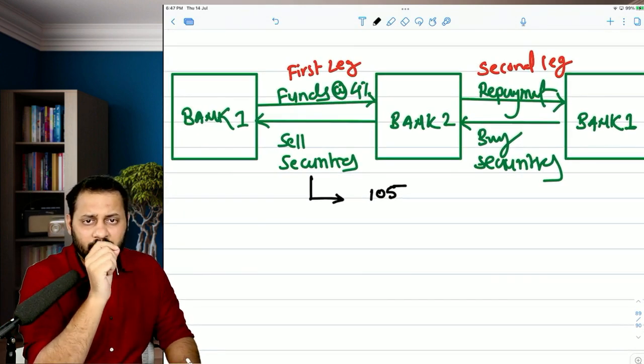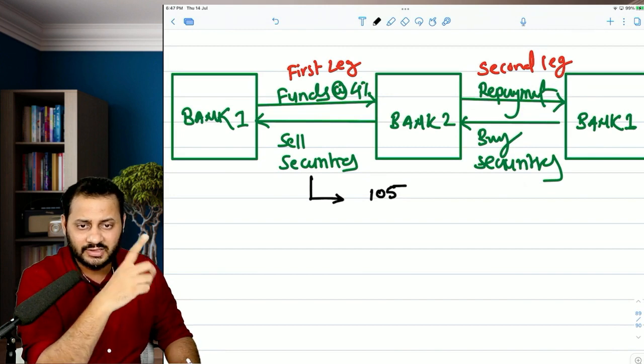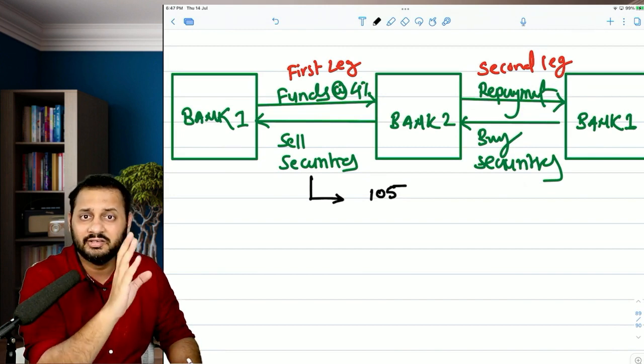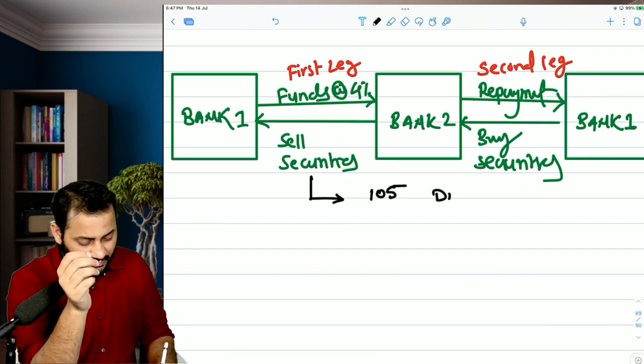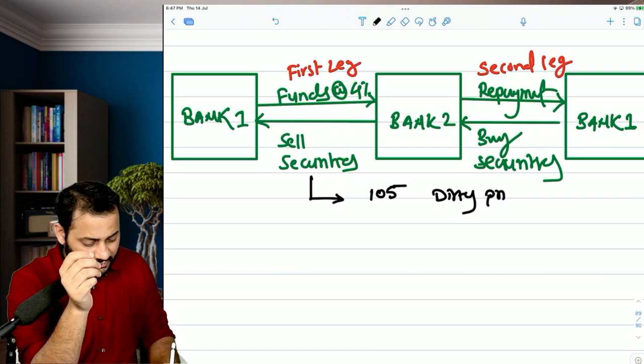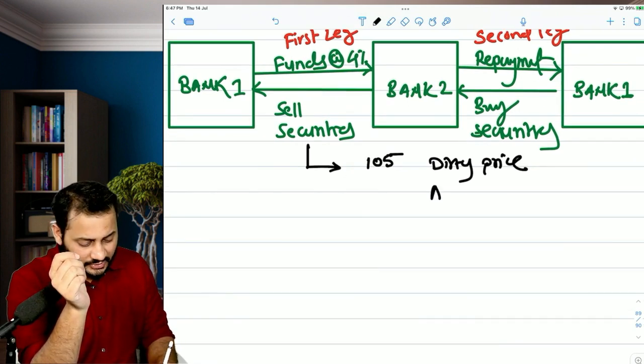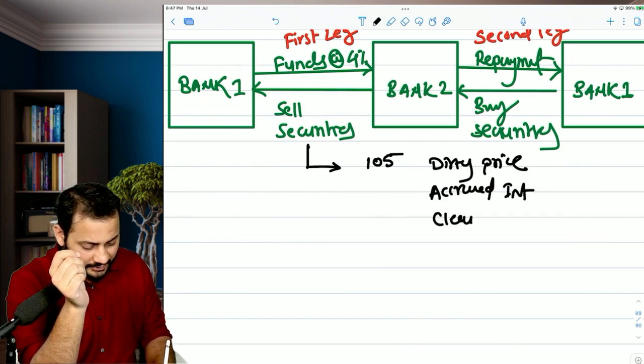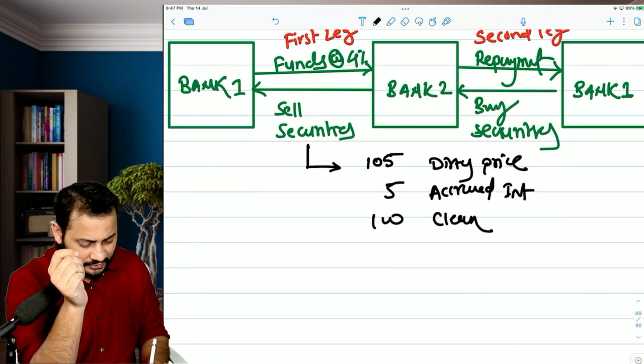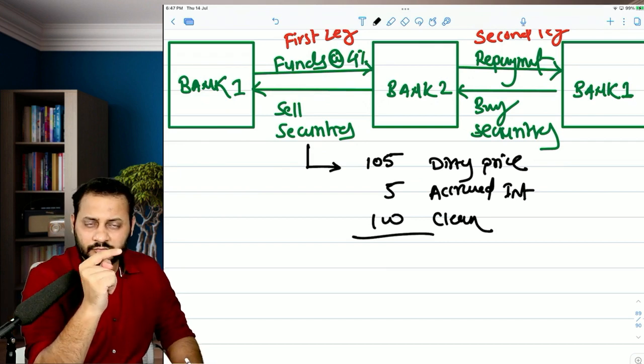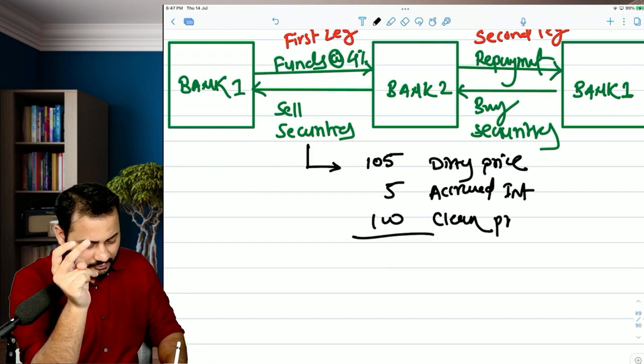At any point of time when you sell the securities, that 105 will be called the dirty price of the security. That includes accrued interest, and the clean price of the security is, let's say, 100. Clean price of the security.